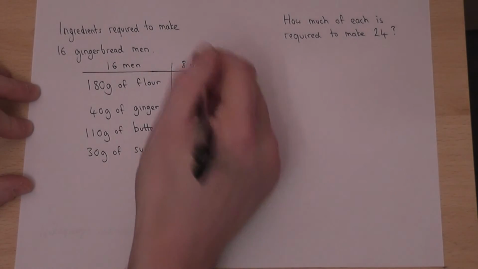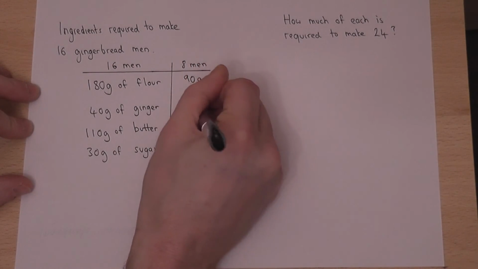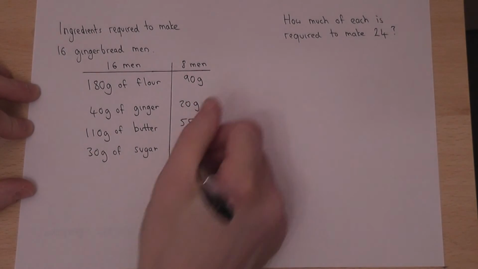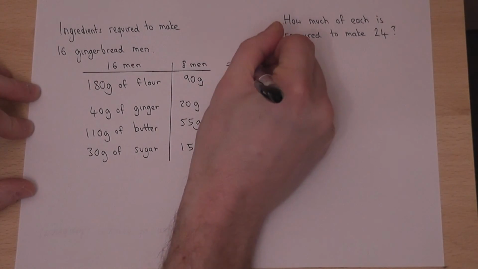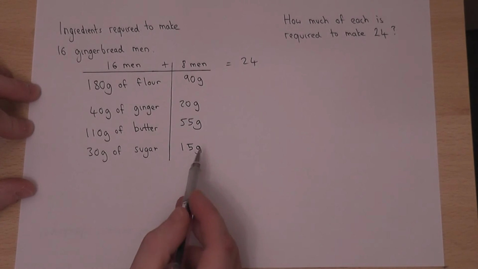So a half of 180 is 90, a half of 40 is 20, a half of 110 is 55, and a half of 30 is 15. So to make 24, I must add together the amounts required.